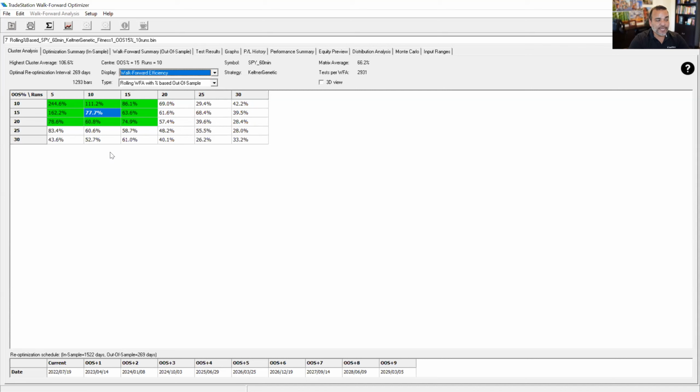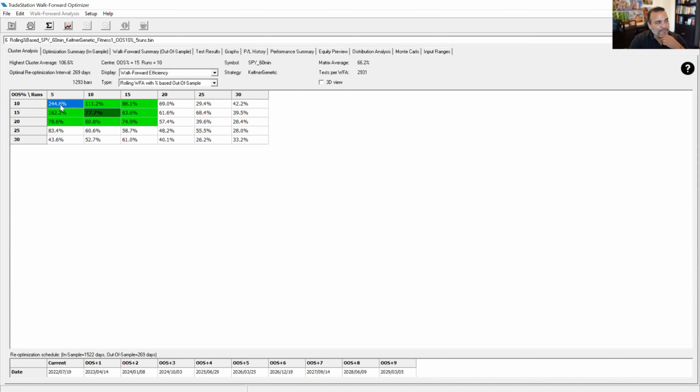Walk forward efficiency, again, this is comparing in sample to out of sample. If the in sample is the same as the out of sample, we are at 100% efficiency. If it's 50, then the out of sample is half as good. But if it's over 100, it means that the out of sample did better than the in sample.